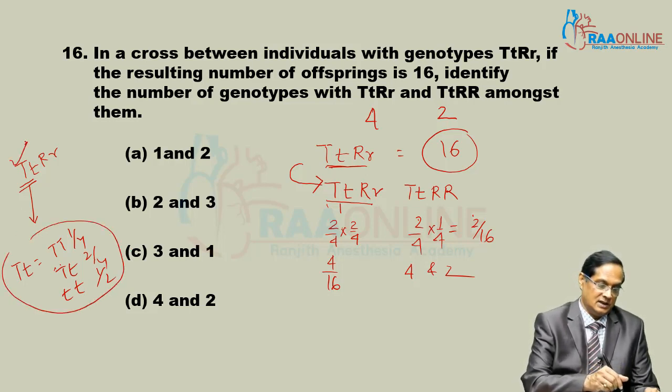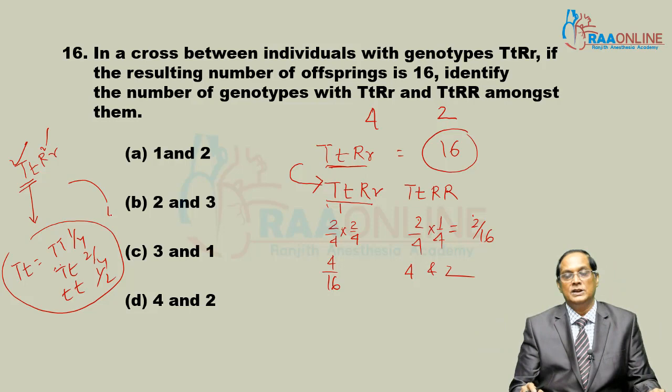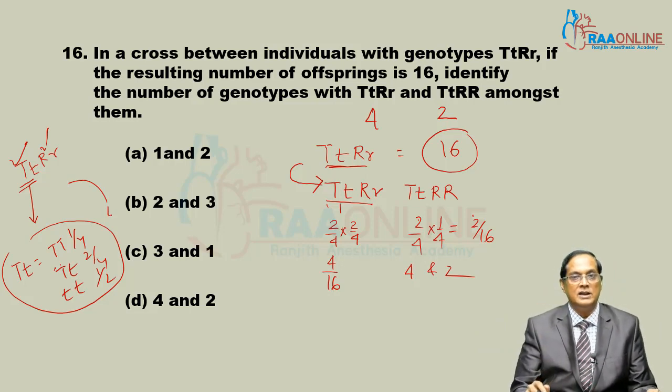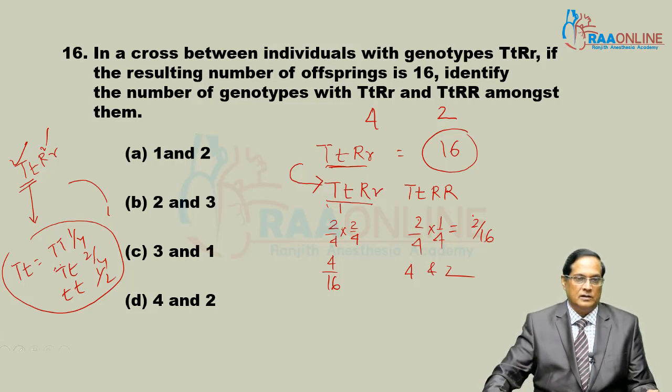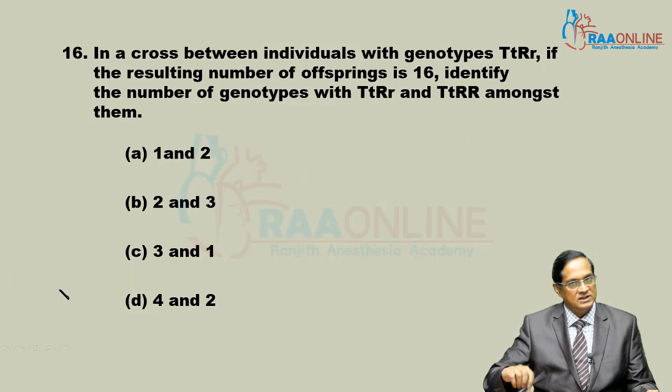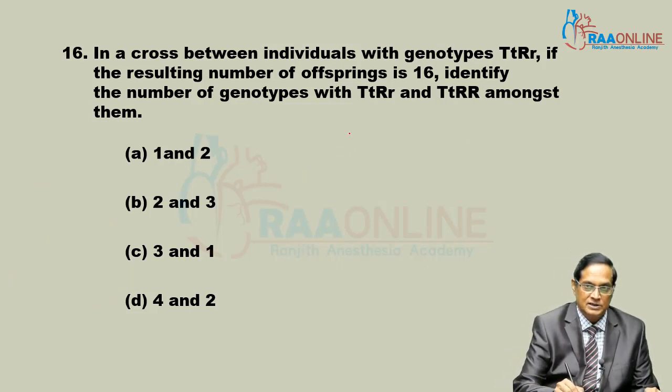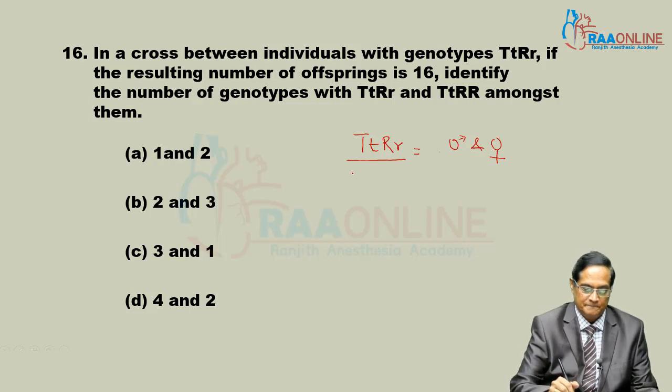By this one, and if this is selfed, the same ratio is obtained, and I multiply the values and directly find the answer. If you want to know once again, the idea is very simple. Write capital T, small t, capital R, small r. This plant is a dihybrid plant and its selfing is done, that is, male gametes and female gametes from the same source.